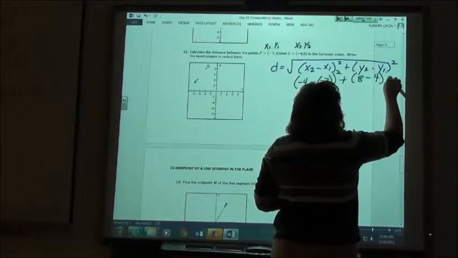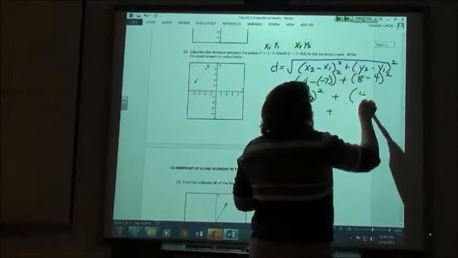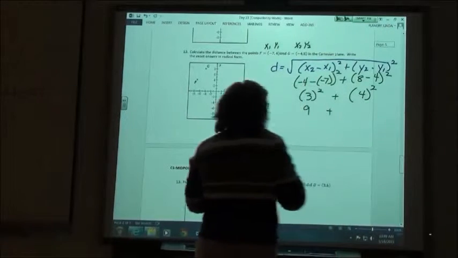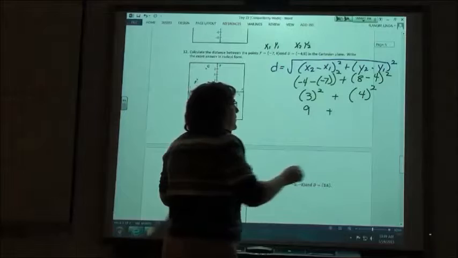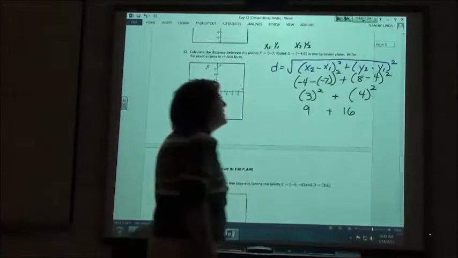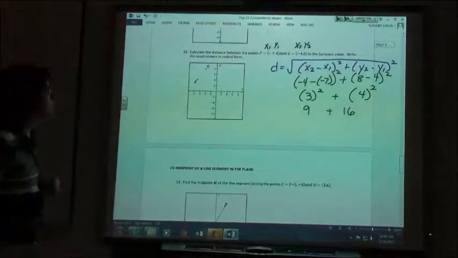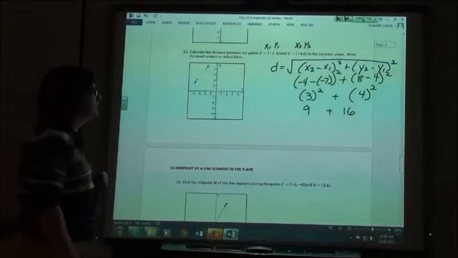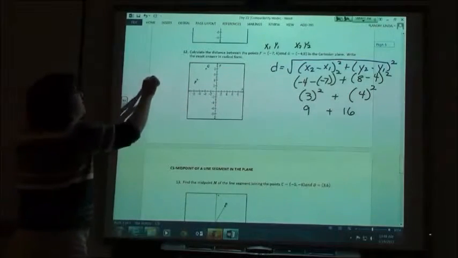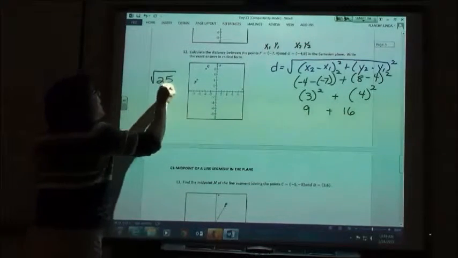So 8 minus 4 is 4, and 4 squared is 16. So 9 plus 16 is 25. So we get the square root of 25.